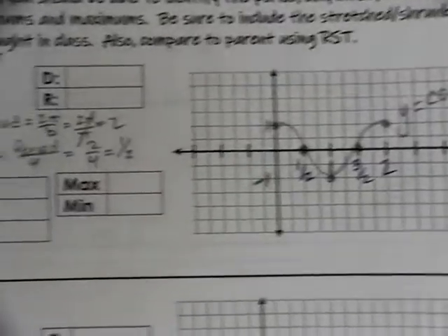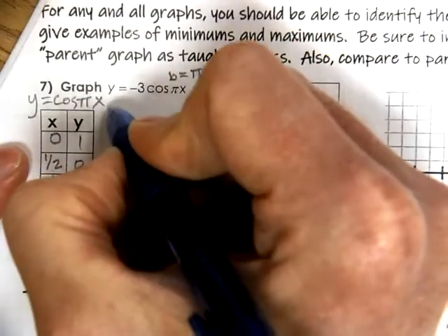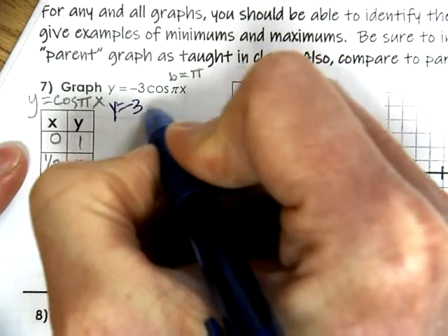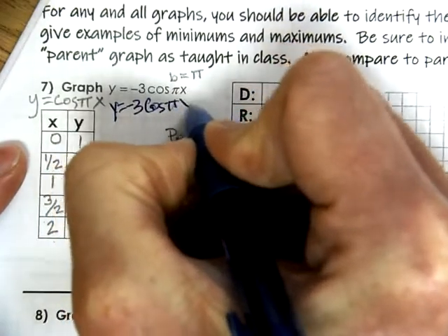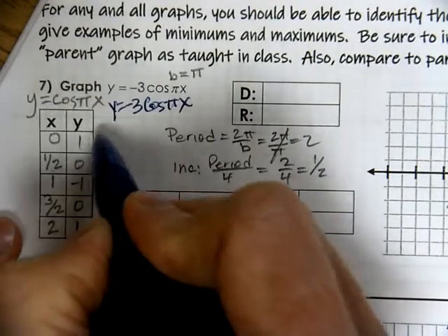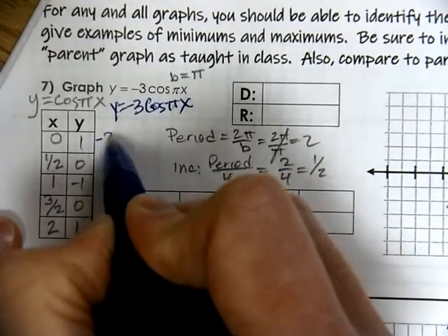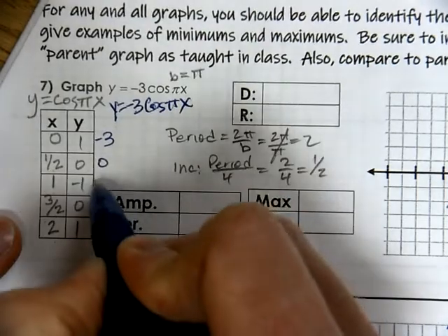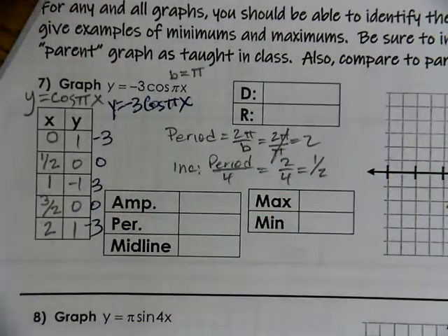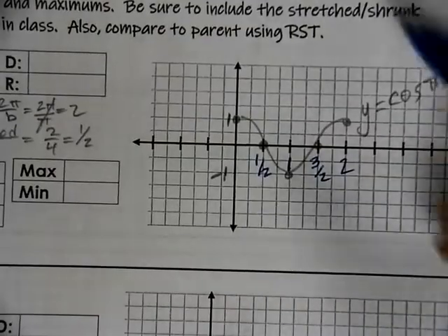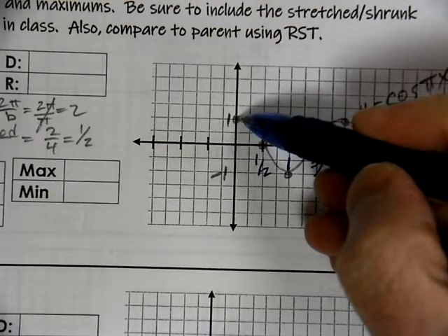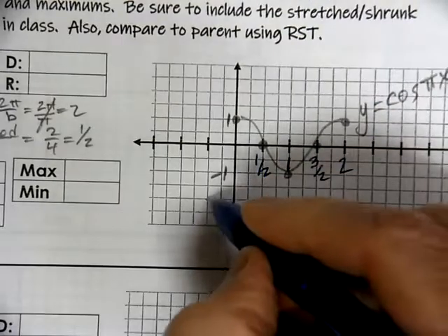So next what we're going to do is look at y equals -3 cosine of pi x. And the only difference there is we're going to multiply all the y values by -3. So that becomes -3 and 0, 3, 0, -3. So instead of starting at +1, we're actually going to start at -3.